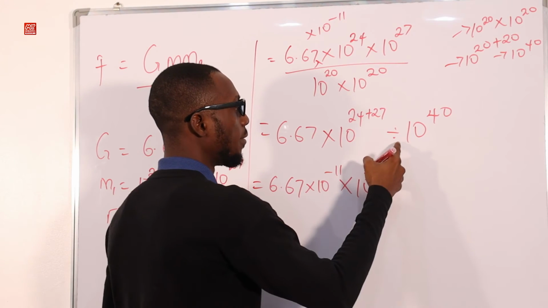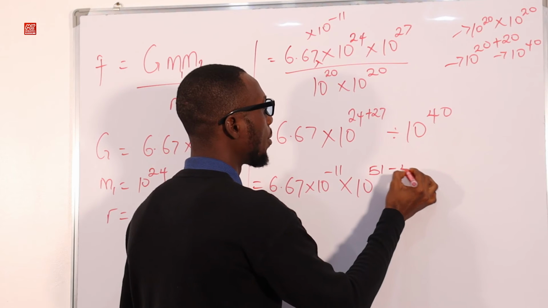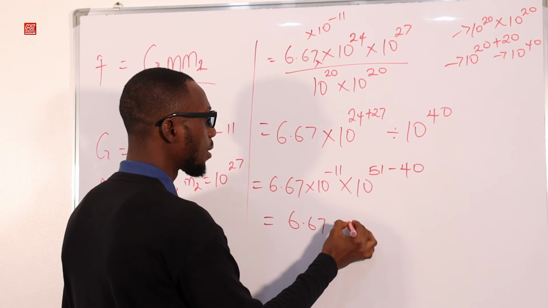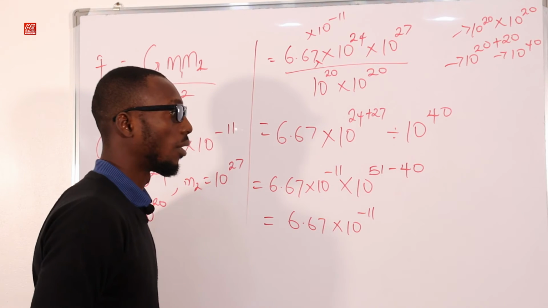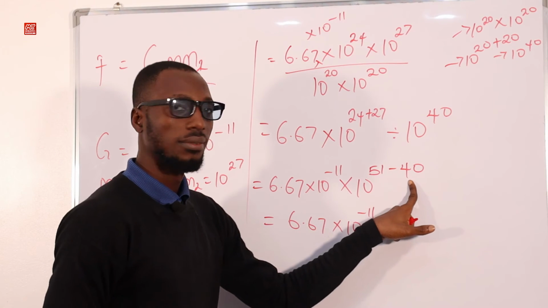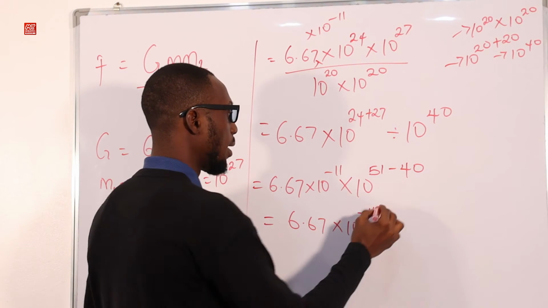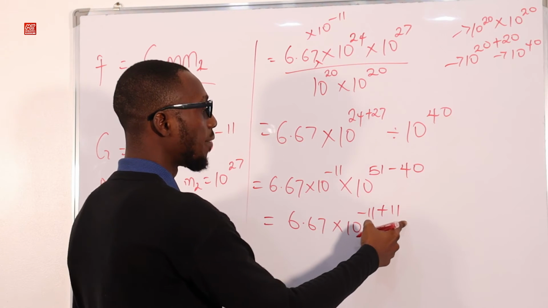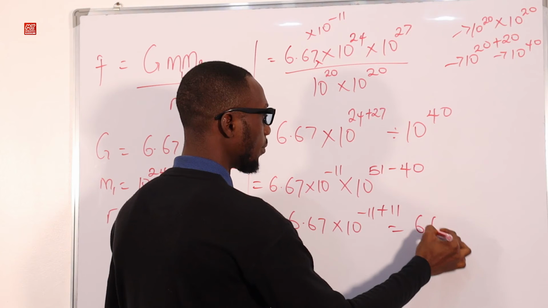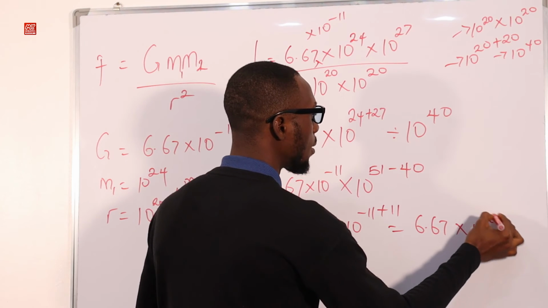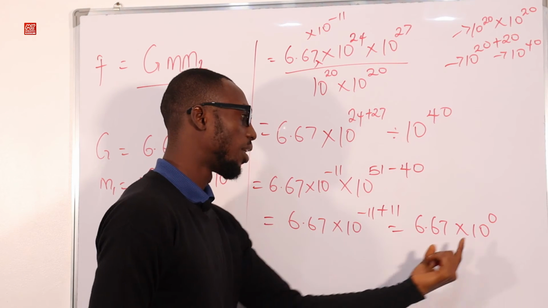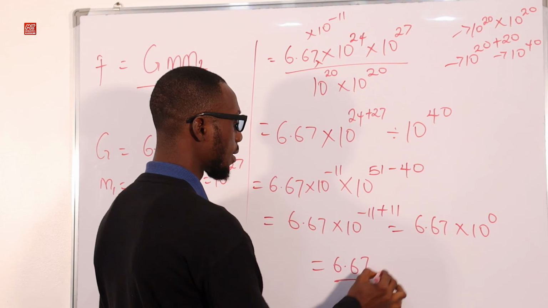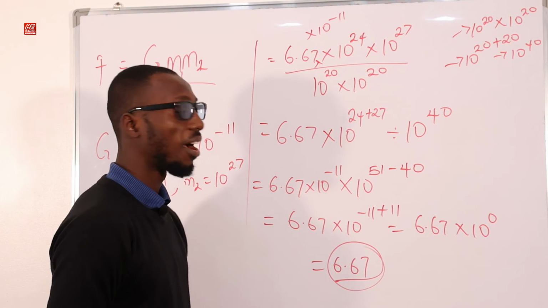Divide means minus 40. So if I bring it together, I have 6.67 times 10 raised to the power minus 11, and 51 minus 40 gives us plus 11. So minus 11 plus 11 is 0, times 10 raised to the power 0. Anything raised to the power 0 is 1. So 1 times 6.67 gives us 6.67. So that is our answer.